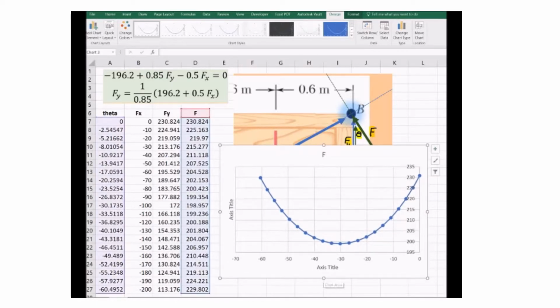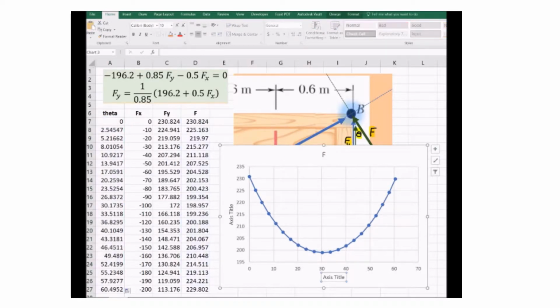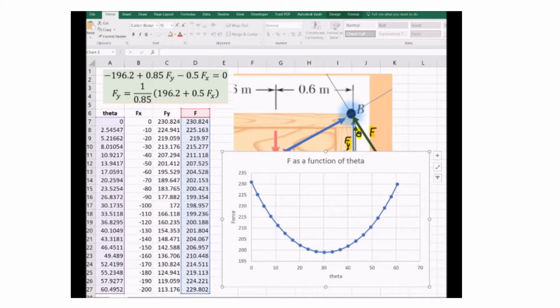This is just a scatter plot graph. I'm going to go ahead and change our angle around to give just the magnitude of it. That's what we really need here, is the magnitude. That little plus, you can add axis labels, so we have theta along the x-axis and force along the y-axis, and you can see where the minimum happens on this graph.